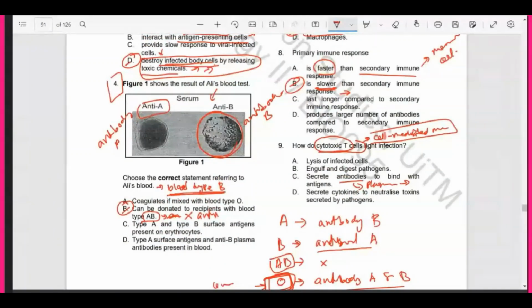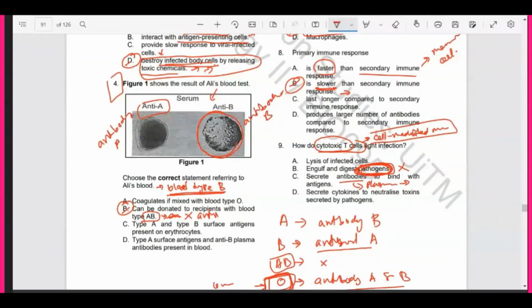Engulf and digest pathogens? It does not engulf, right? The cytotoxic T cell, as I mentioned, does not destroy the pathogen directly. I already gave the clue. Cytotoxic T cells destroy infected body cells.